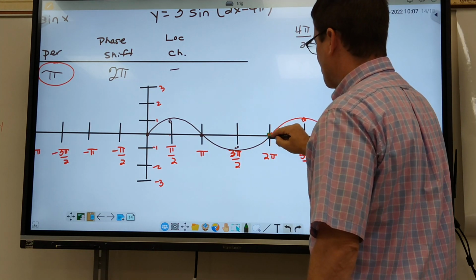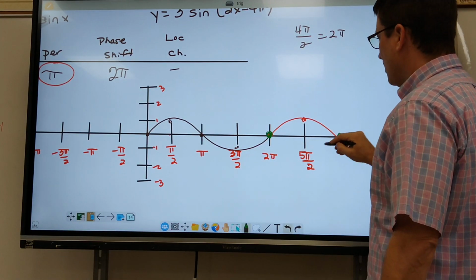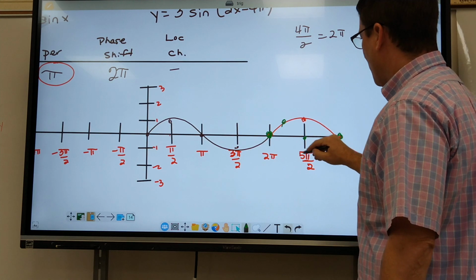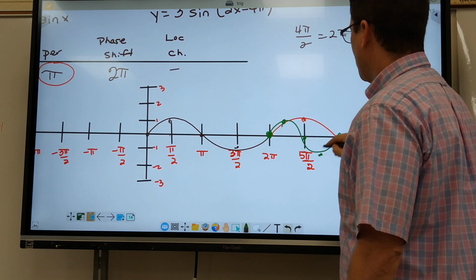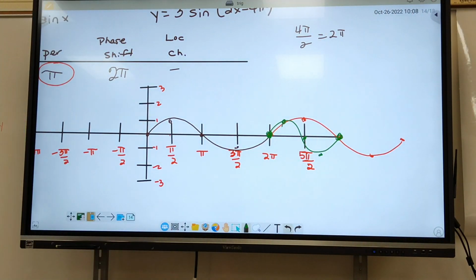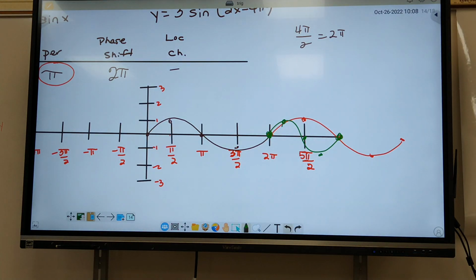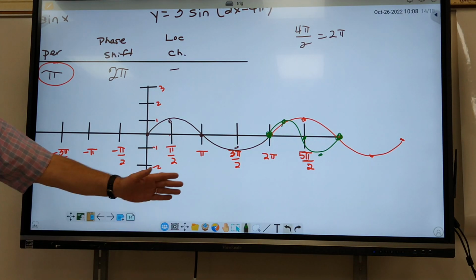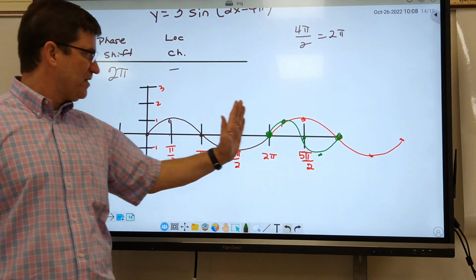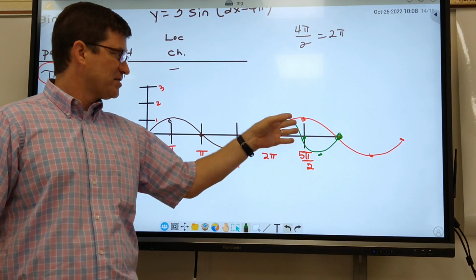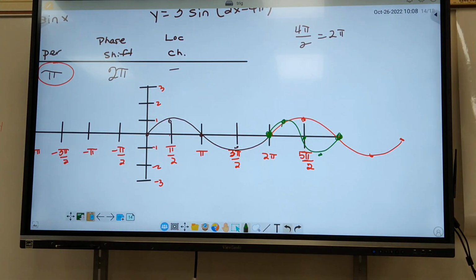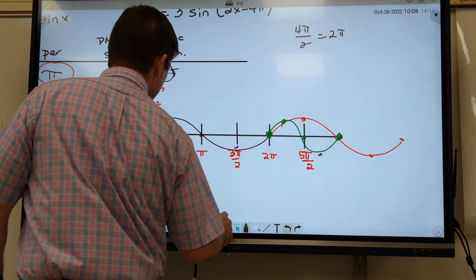So I'm going to start it here and end it here. So I got to go there, there, there. There you go. Again, it had to be 2 spaces long. I had to start it at 2 pi because I've already shifted it over there. 2 spaces long, it should look like that.